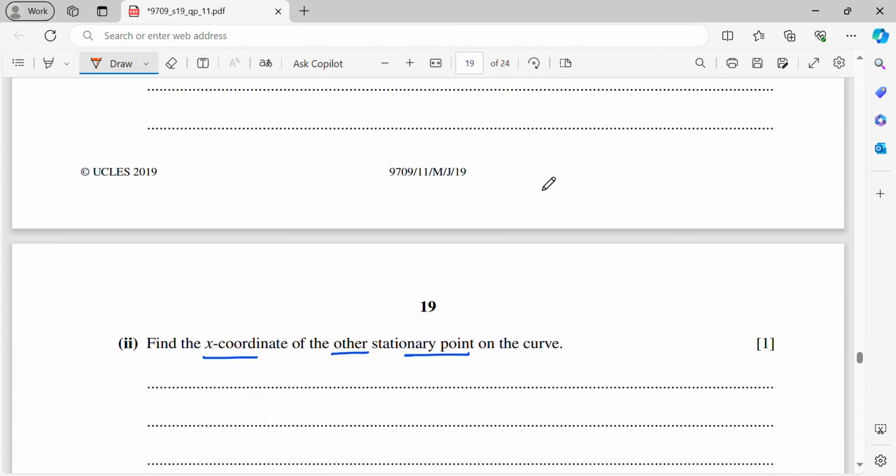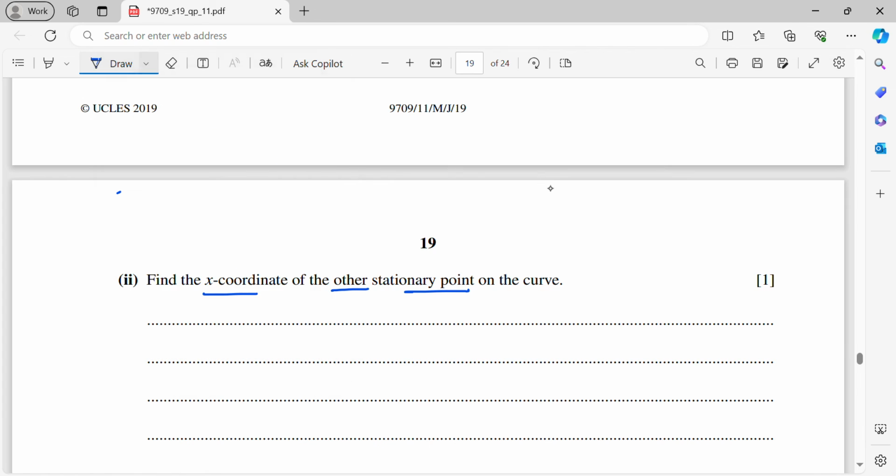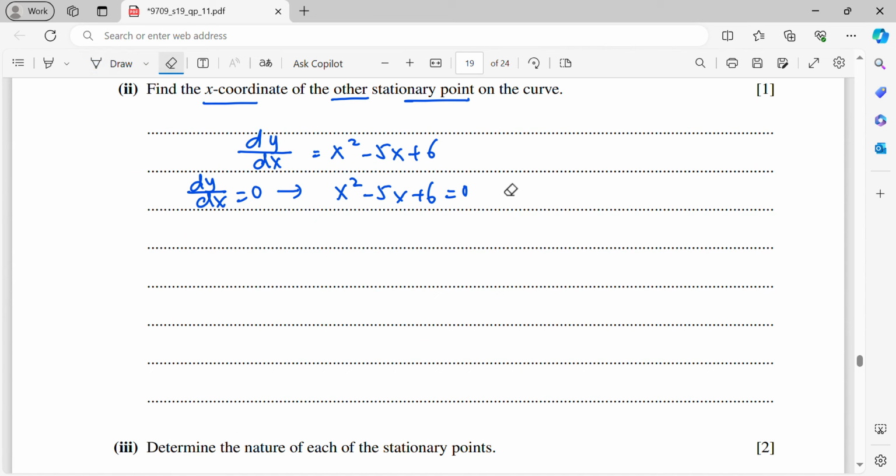Okay, so now d squared y over dx squared is x squared minus 5x plus 6. Not d squared y, it is dy dx. So dy dx equals 0. That means x squared minus 5x plus 6 equals 0, and this quadratic can be factorized.